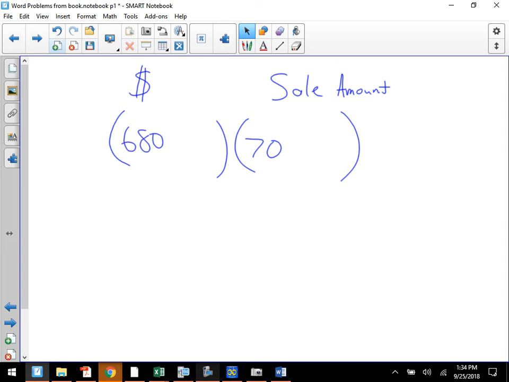So if I decrease the price once, what's my new sales price? 660, and how many would I sell? 75. If I decrease the price 4 times, I would be selling it for 600, and then I would increase my sales to 90. So this value here is the multiplier for the number of times it happens.